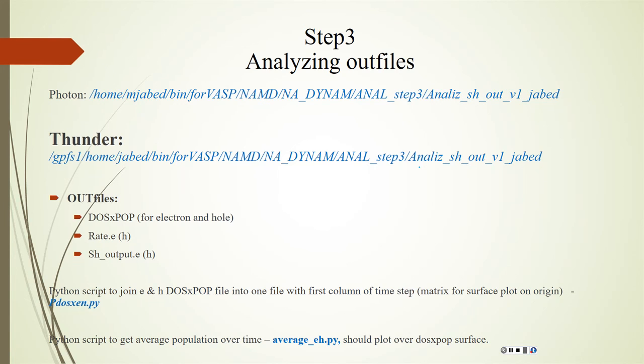It's just formatting and compiling the two files, because we get electron relaxation from one directory and hole relaxation from another directory. So if you plot separately, you will get a figure for holes and another figure just for electrons. If you want to plot in Origin, you need to do some tuning and put it in one matrix. So doing these things is nothing very important.